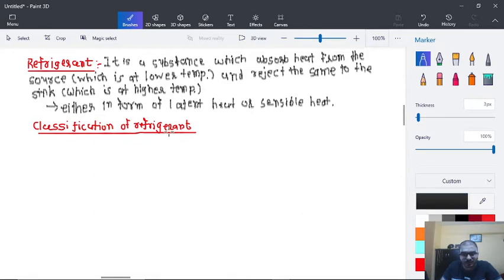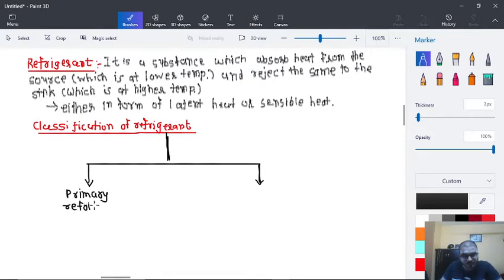So here we have classification in two ways. First is primary refrigerant, and second category is secondary refrigerant.